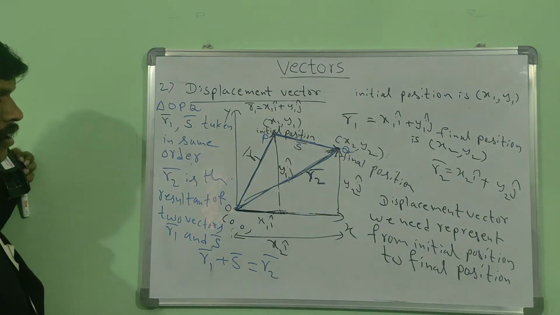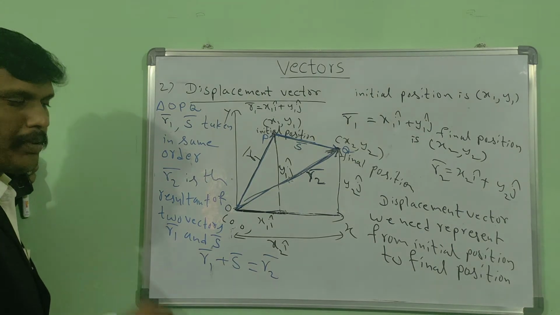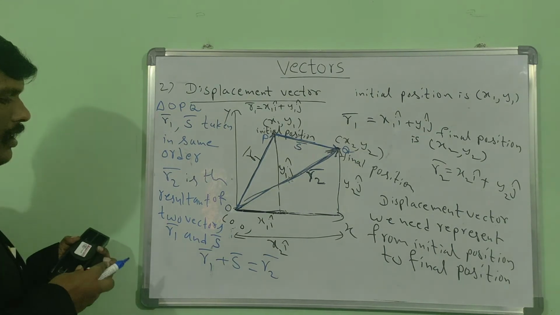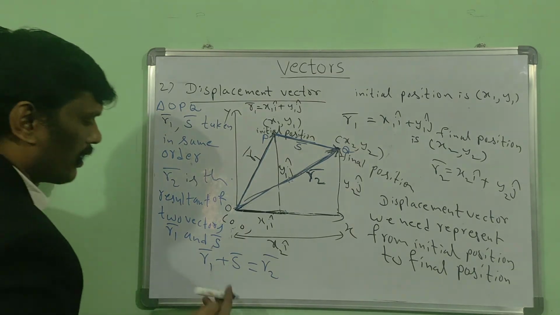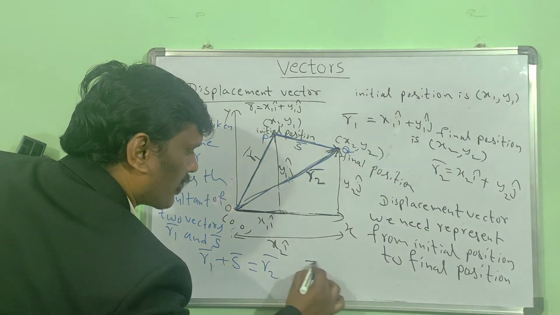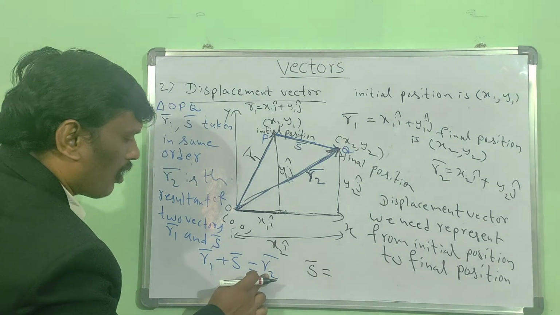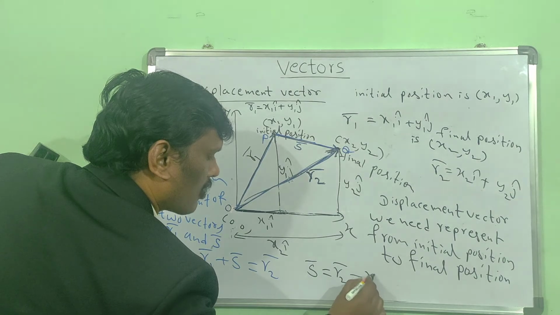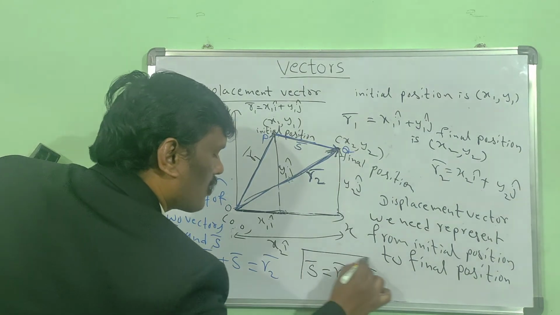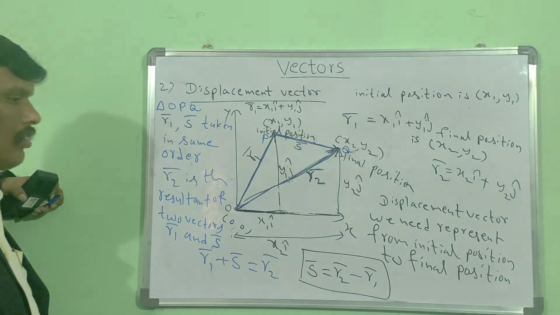But we need to calculate displacement vector. Then how to calculate? From here, displacement vector S bar is equal to R2 bar, transpose R1 bar to other side, minus R1 bar. Now, this is the formula for displacement vector.